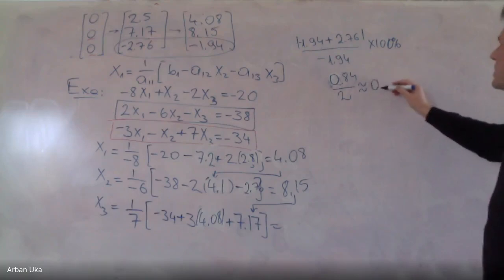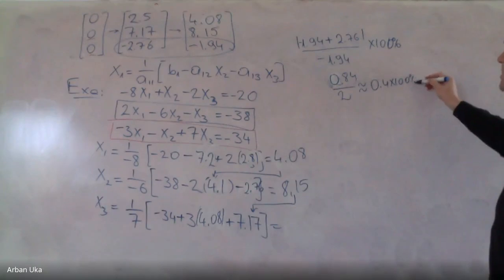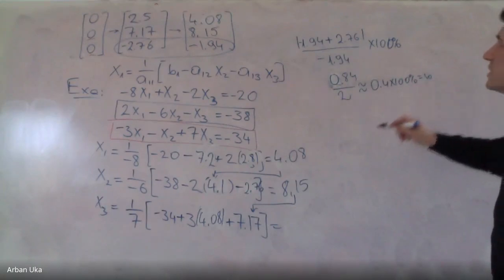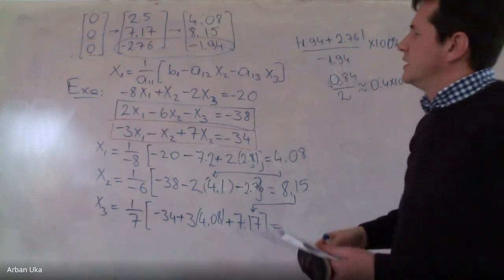So we get something like 0.4 times 100%. This is approximately 40% error for this iteration.